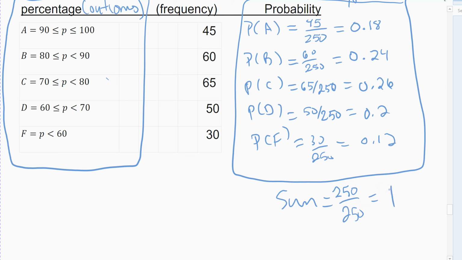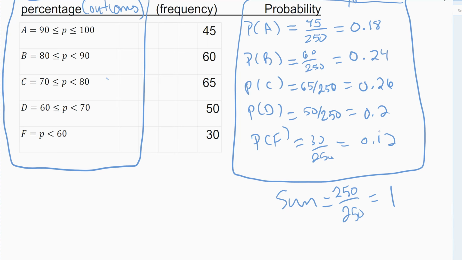It's 100% of the students. 18% have an A, 24% have a B, 26% have a C, 20% have a D, and 12% have an F. If I randomly select a student from this group, they've got to land in one of those, so it's a 100% chance they're in one of those groups. The sum should always add up to 1, and it does in this relative frequency probability.